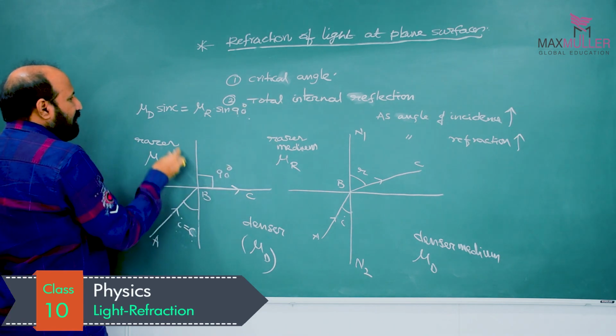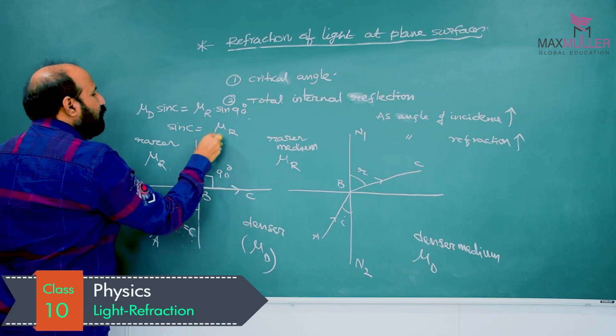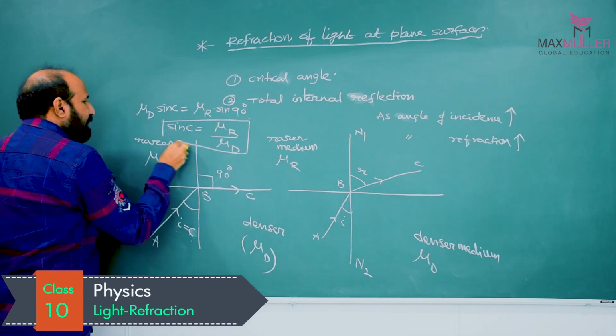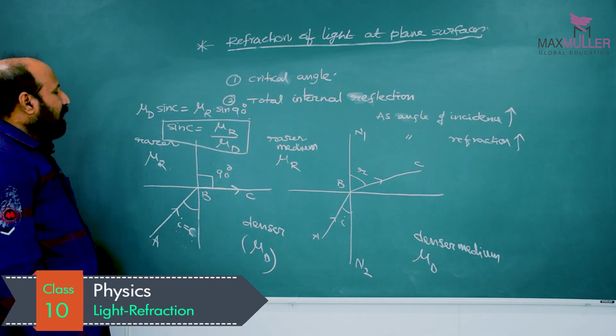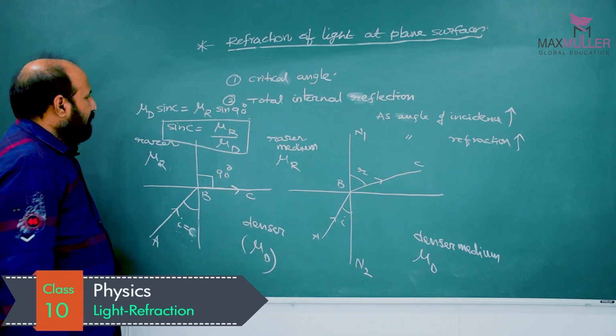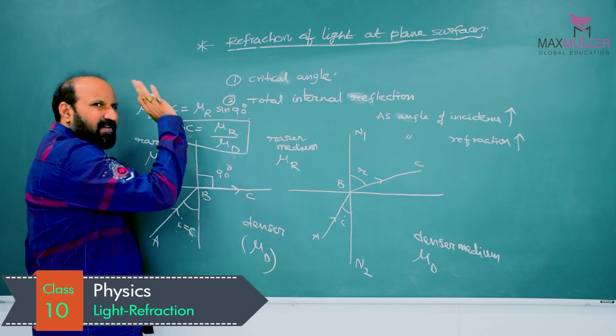Sin 90 is 1, therefore very important formula, sin C is equal to mu rarer by mu denser. Usually the students may make mistakes by not writing these prefixes, because sin C is equal to mu of rarer by mu of denser always.